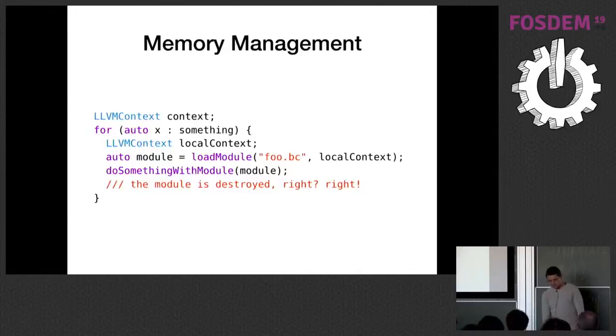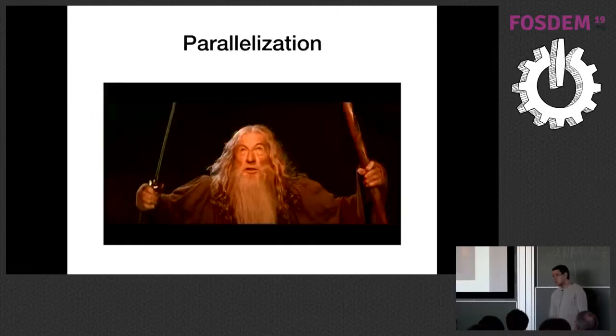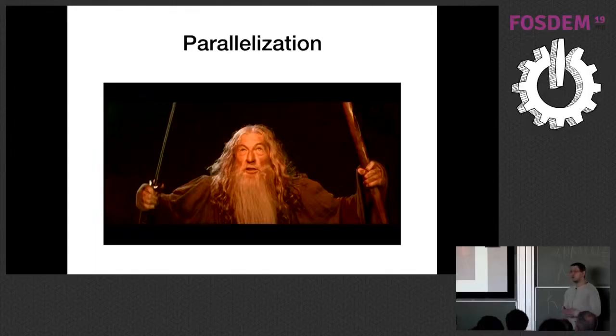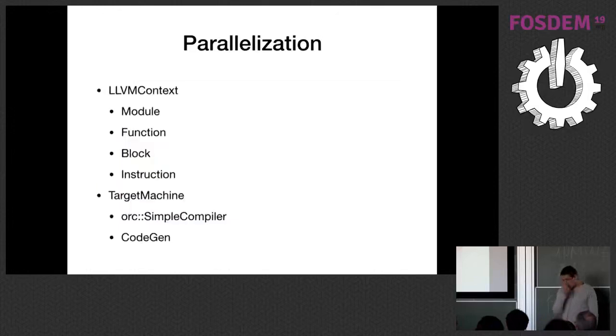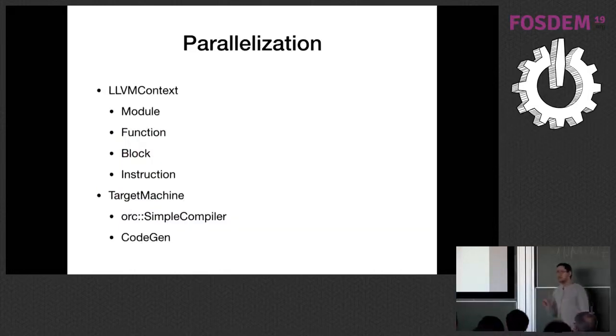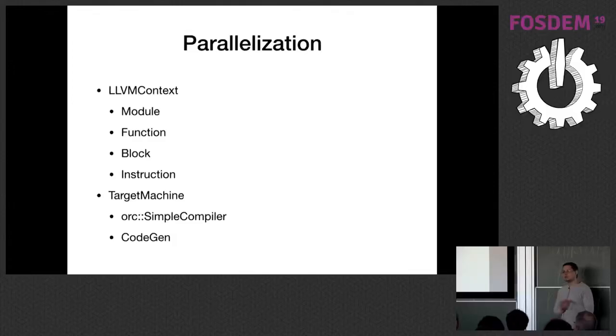Okay, next topic is parallelization. The trick here to make things parallelizable is to not use LLVM passes. It's a bold statement, but I will elaborate in just a second. I know at least two classes in LLVM that are not thread safe and that are heavily used.